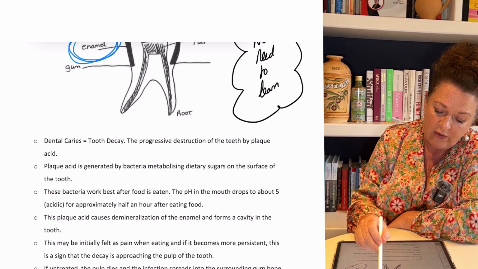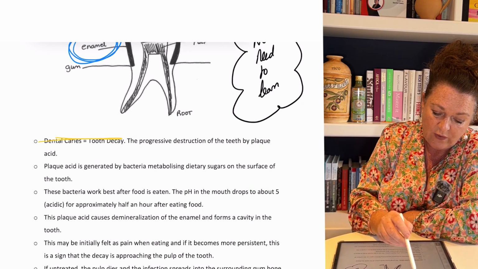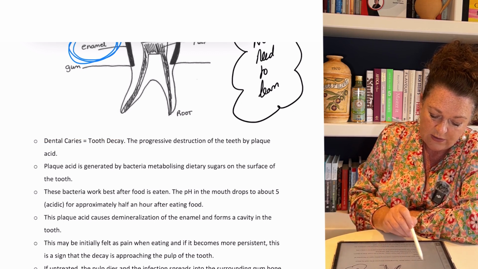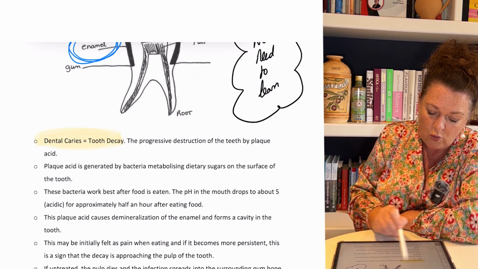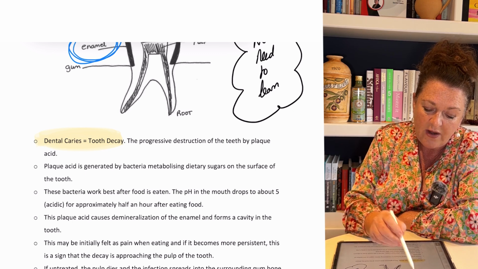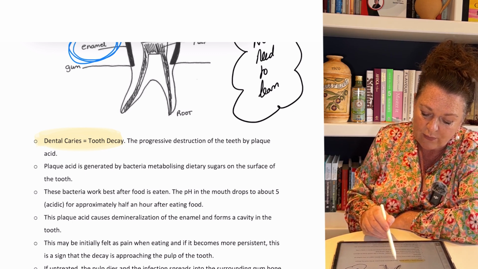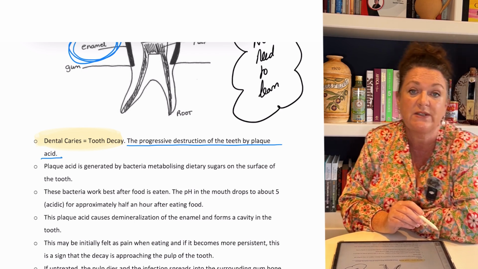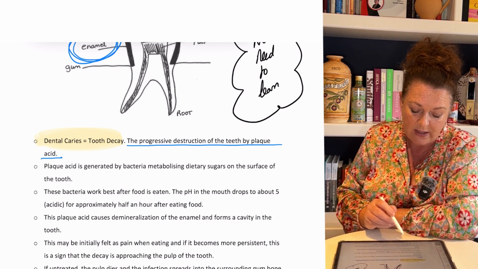So dental caries, tooth decay. So just put that to it properly. So we'll do, right, dental caries, another word for tooth decay. A nice description of that is it's the progressive destruction of teeth by this substance we said, plaque acid.